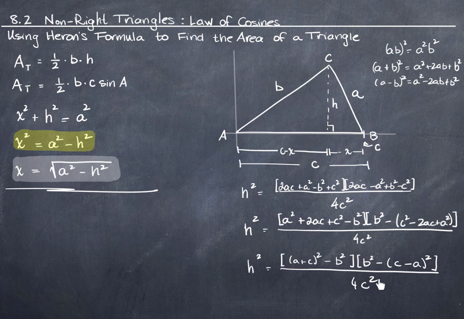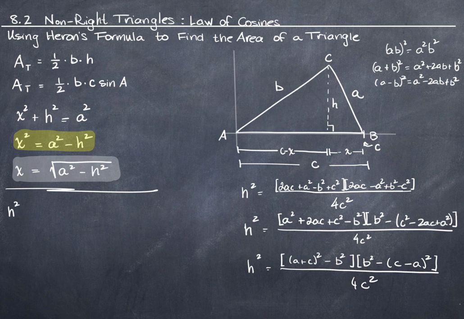Now, from here, I notice that inside each of these two factors, I have differences of squares. Again, I have this thing squared minus this thing squared, and this thing squared minus this thing squared. So let's write those out in their factored form.